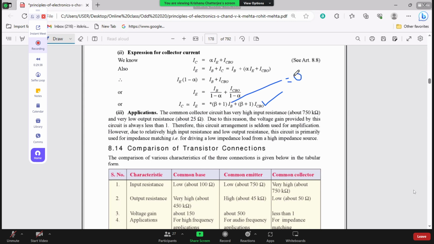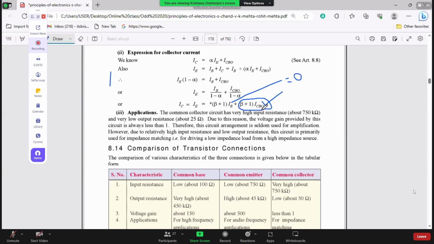If this is 0, the current which is flowing through the emitter collector junction now is the collector current, which is nothing but this one.